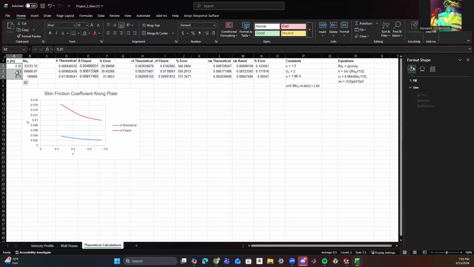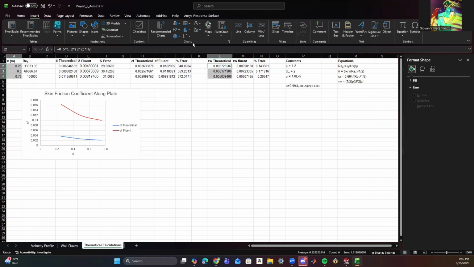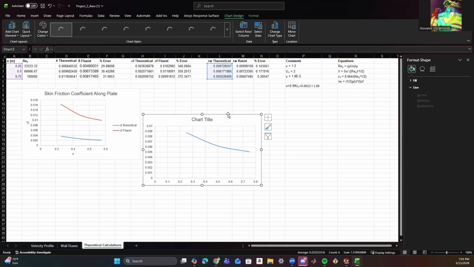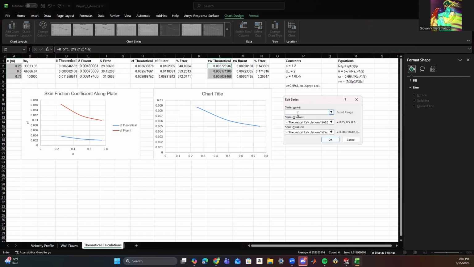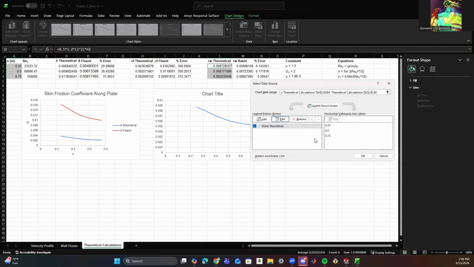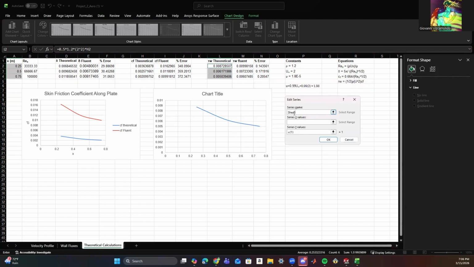X, graph. Yeah, it's kind of similar, but add, yeah.